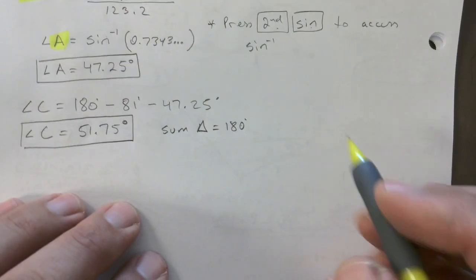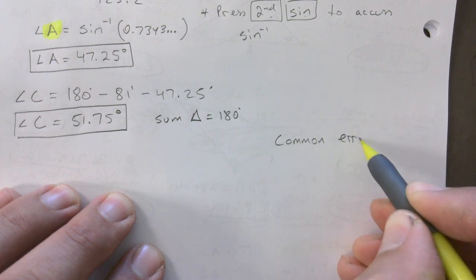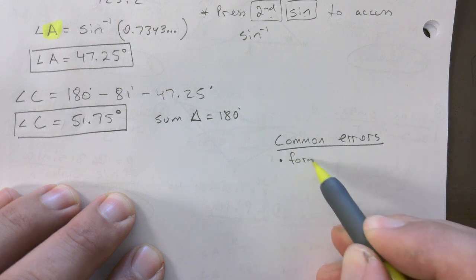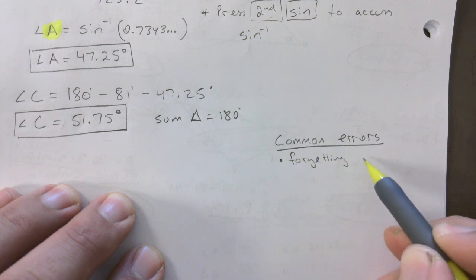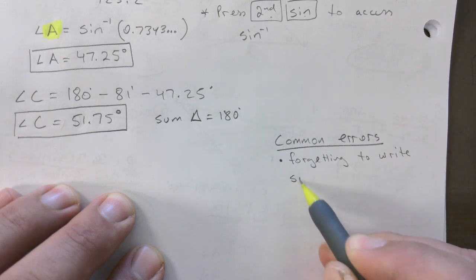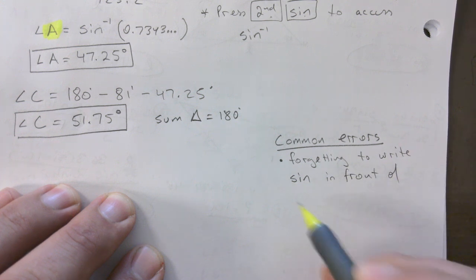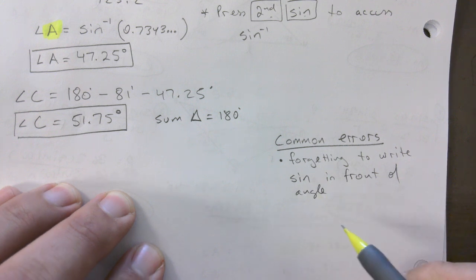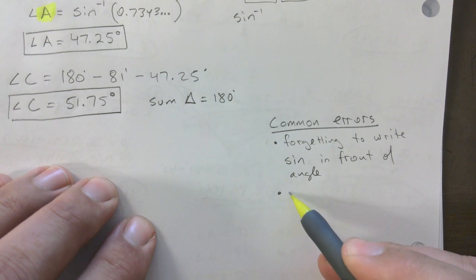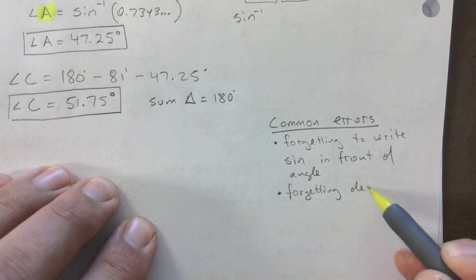Common errors. Forgetting to write sine in front of the angle. Forgetting the degree symbol.